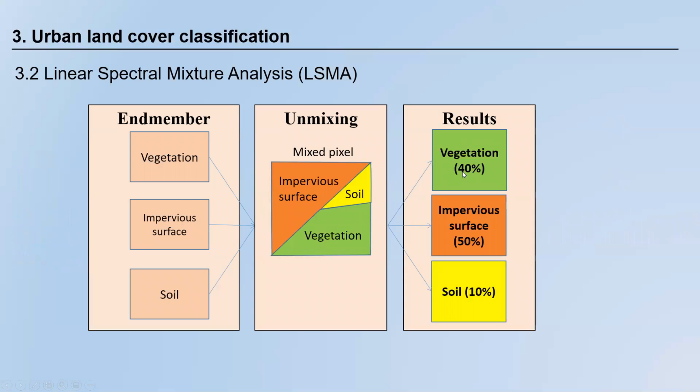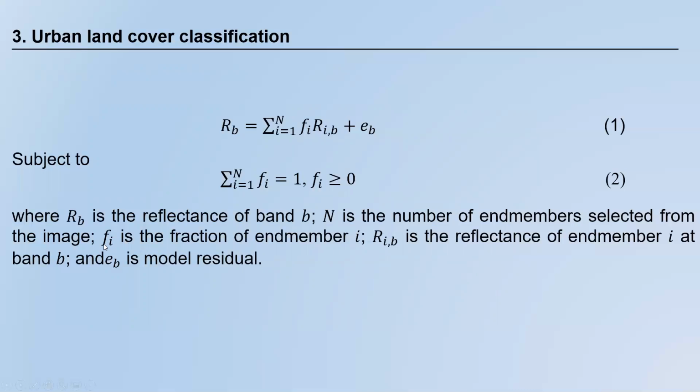Fi is something we want. For vegetation, Fi is 40%. For impervious surface, Fi is 50%. For soil, it is 10%. So Fi is what we want to solve from this formula.